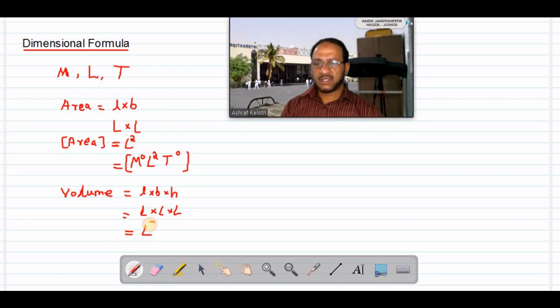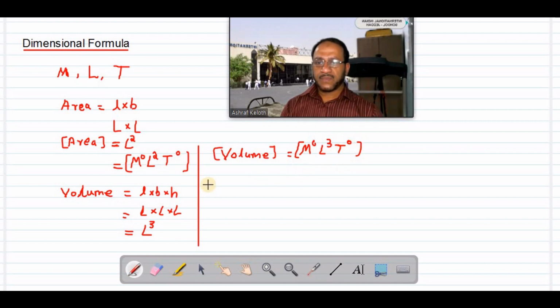There is no mass and no time in this. So the complete dimensional formula of volume is M raised to 0, L with the power 3, and time is not there, so T raised to 0.